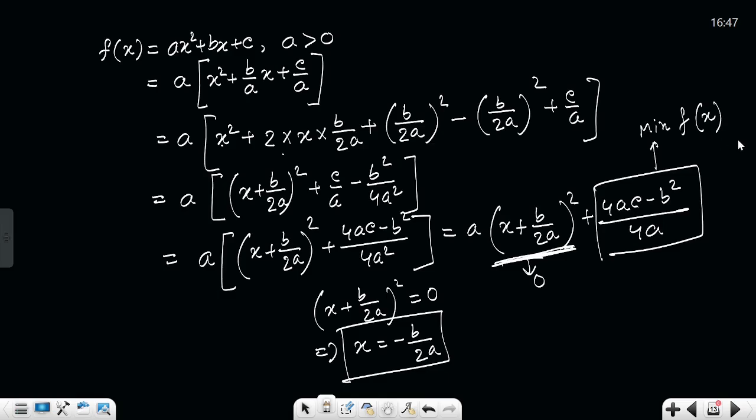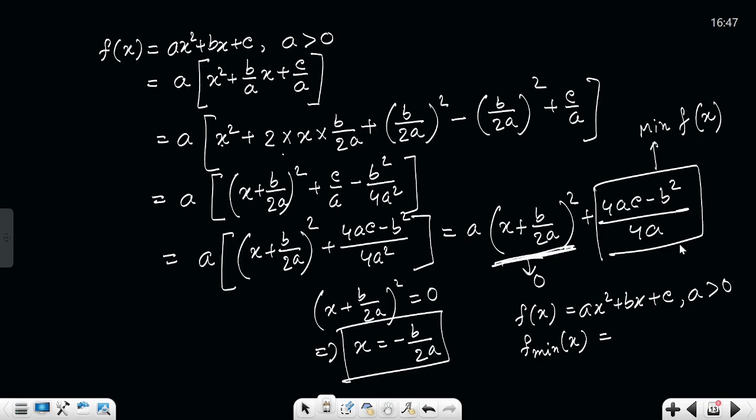What you need to remember is that if f(x) is equal to ax square plus bx plus c, and a is greater than 0, then what will the minimum f(x) be?